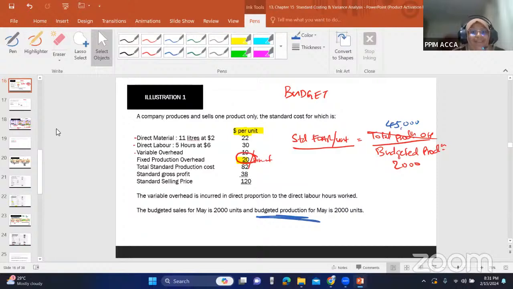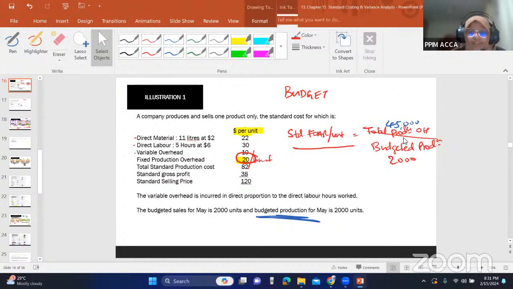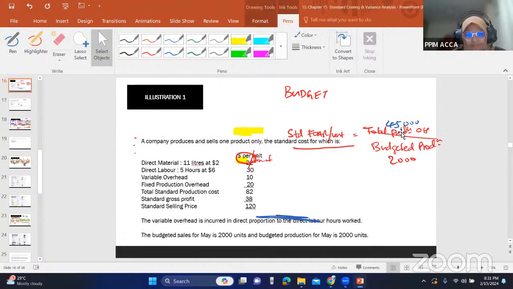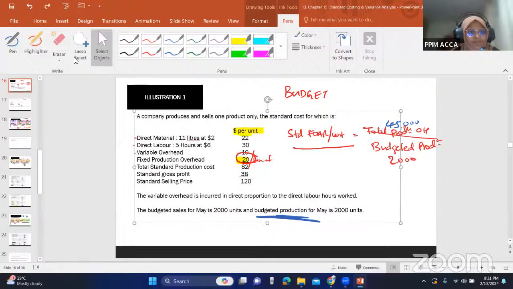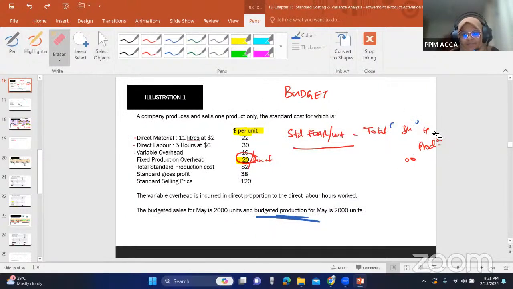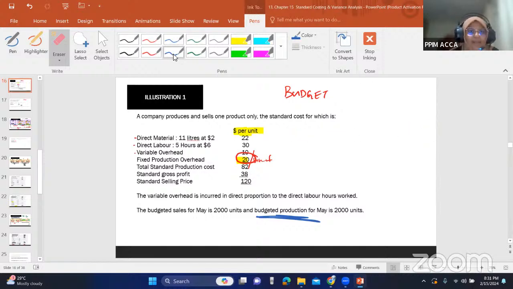I told you that contribution is the selling price minus all variable cost. One second. I'll erase this. Contribution is the selling price minus all variable costs. So let's take the selling price. I'll write this here.